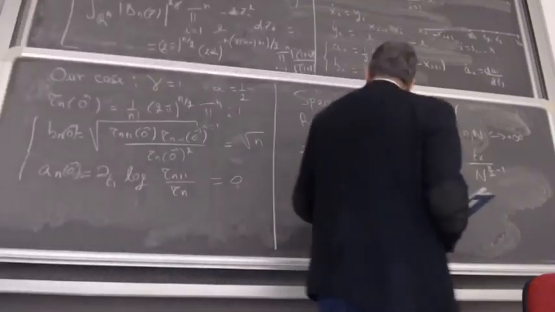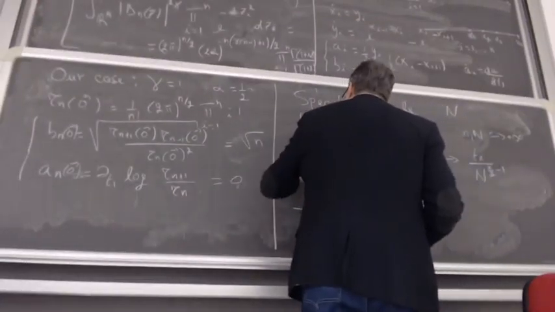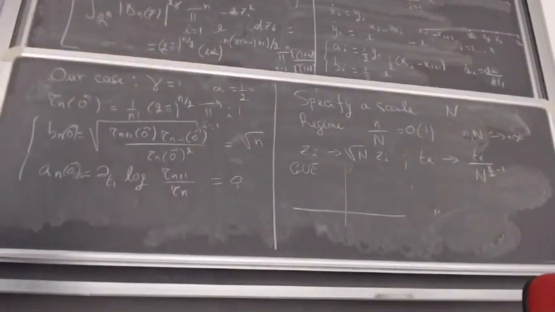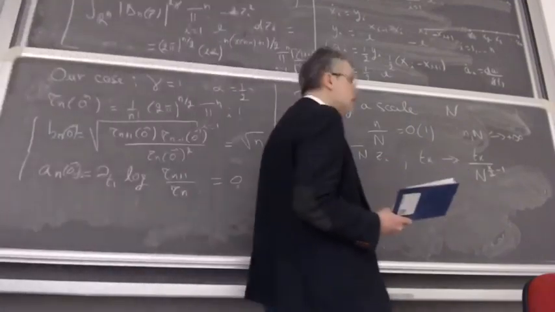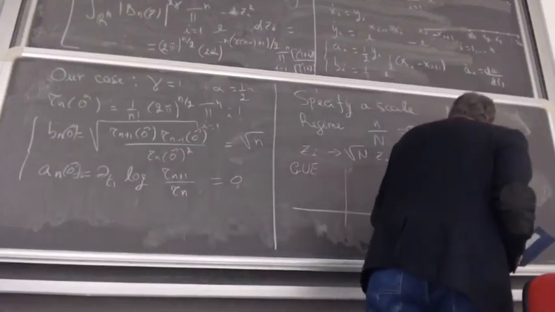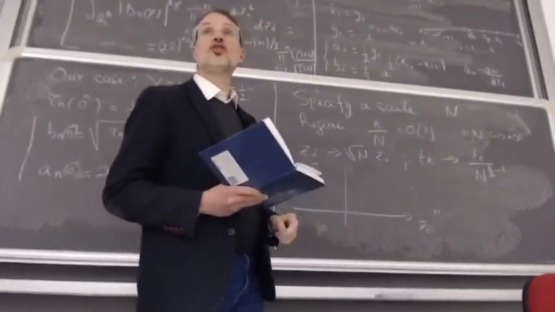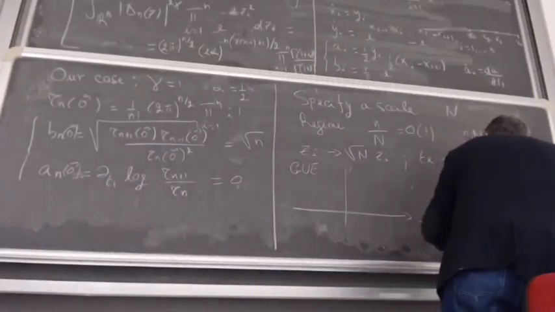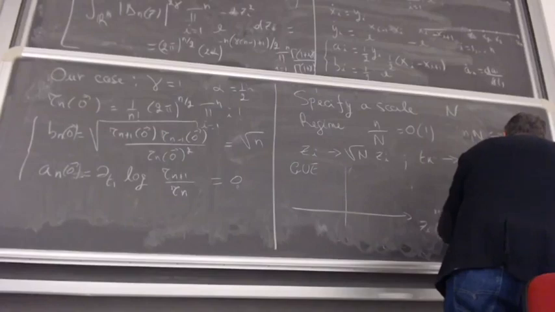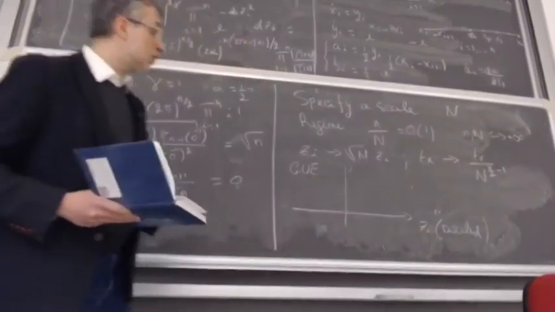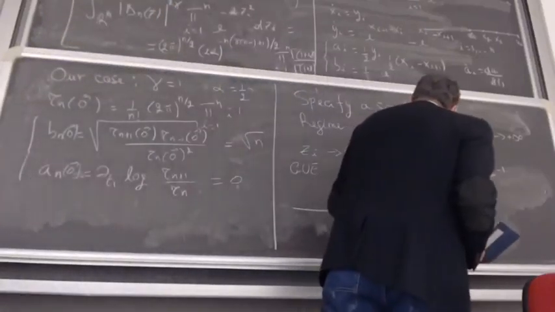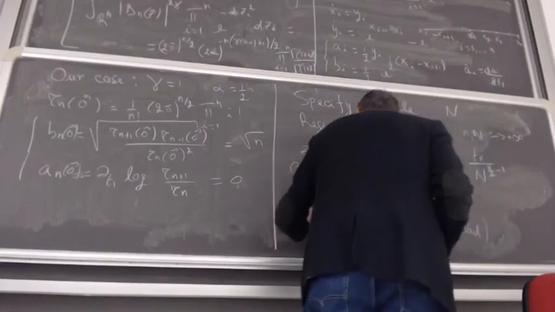Just want to mention that this rescaling is quite natural. For example, if you just look at the GUE, the Gaussian unitary ensemble, where we essentially kill all the times T1, T2, and so on, the famous result of Wigner is that the probability distribution of the rescaled eigenvalues in the continuum limit, for large n going to infinity, is the famous semicircular law.